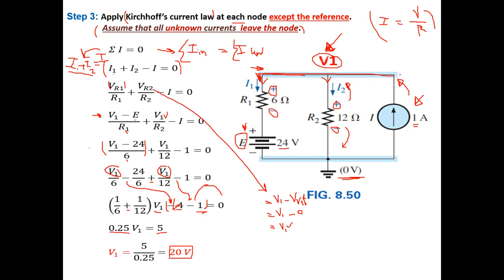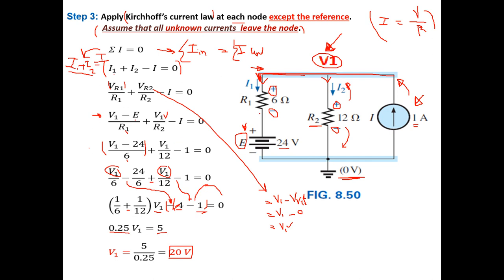Okay, we know that now the voltage here is 20 volts. So if I need to find the voltage across R2, which is VR2, it will be V1 minus 0, which is the reference voltage here. So 20 minus 0, it will be 20.